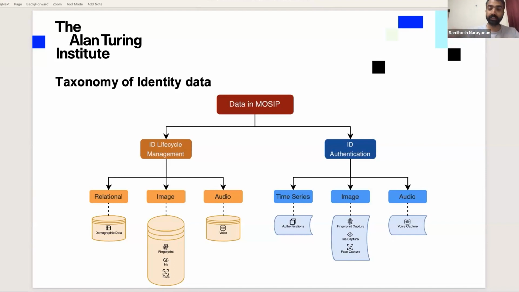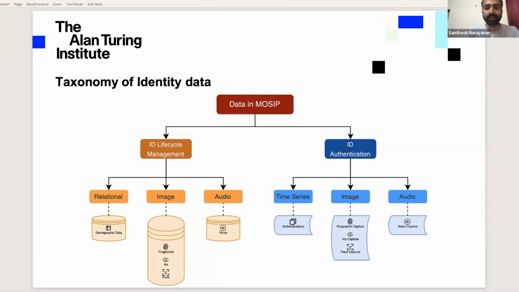You also have authentication requests coming in, which are going to be authenticated or verified using newly collected images or audio biometric information, which are then going to be compared with the biometrics collected during registration.